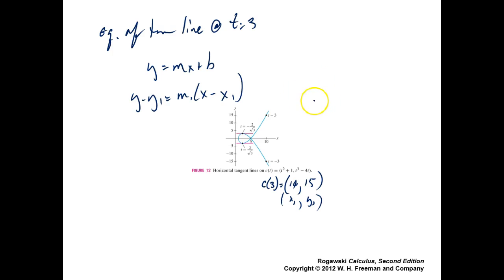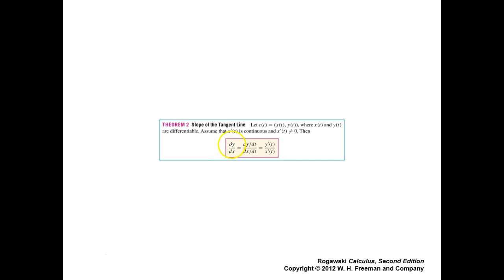What's the slope of the tangent line at t equal to 3? No. The slope of the tangent line. Remember the previous one? Let's go back there. Here it is. dy/dx at t equal to 3 would be y prime at t equal 3 over x prime at t equal 3.